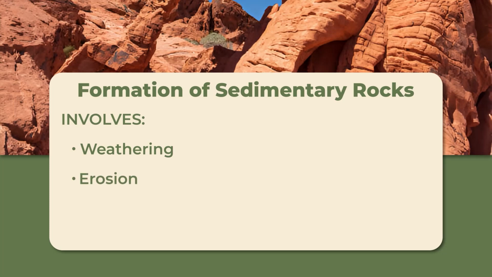Then they are eroded from that particular position and transported by wind or by water, depending upon the situation, from the place of their origin to a place called deposition. The deposition basin is where the sediment finally comes to rest, and there it gets transformed into a rock in due course of time.